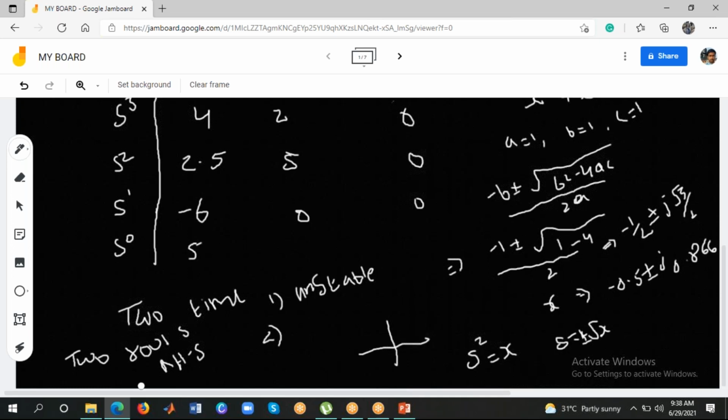So you can see here, out of 7 roots, 2 roots are lying on the RH side and the remaining should be located on the LH side. So these roots are not on the axis. Complex roots are located in a quadrant. For example, minus 0.5 is located here, plus j 0.6.